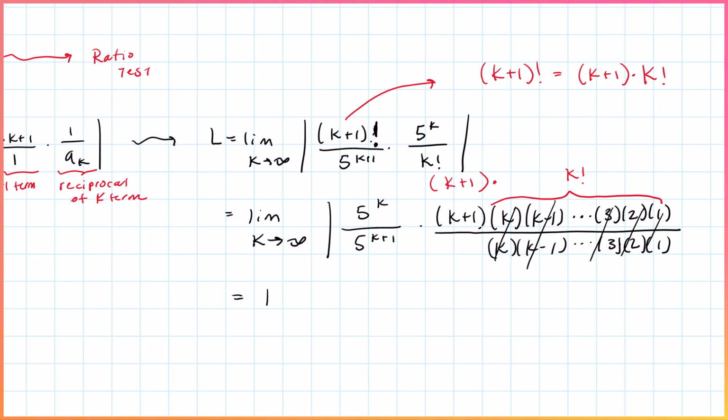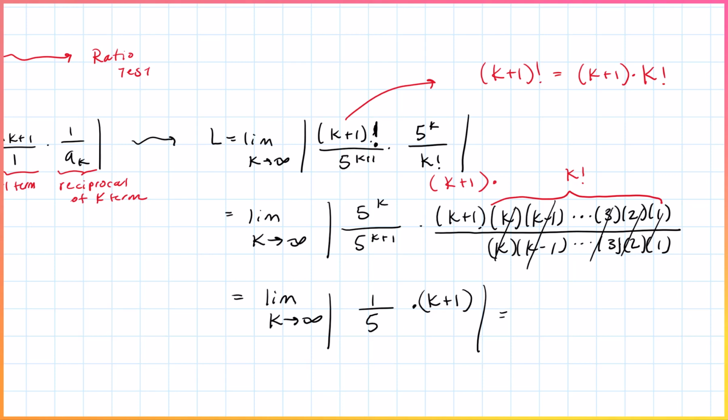And this is going to become the limit as k is approaching infinity. All that's left is k plus 1 in the numerator. And when we do this reduction on the 5^k over 5^(k+1), we get 5 to the negative first power, or 1 over 5. I'm going to write it as 1 over 5.